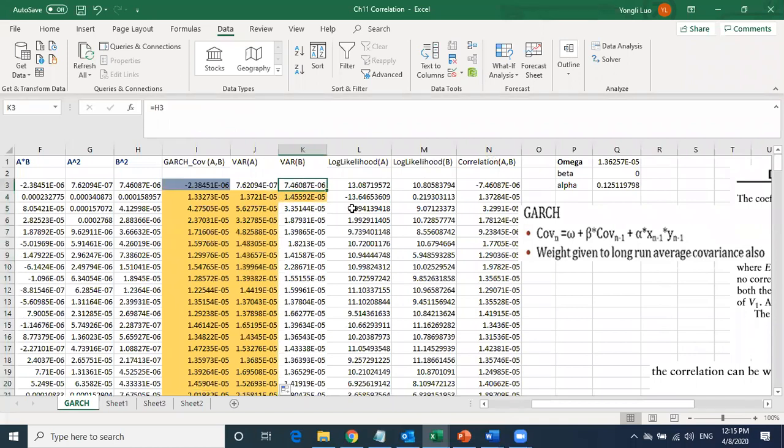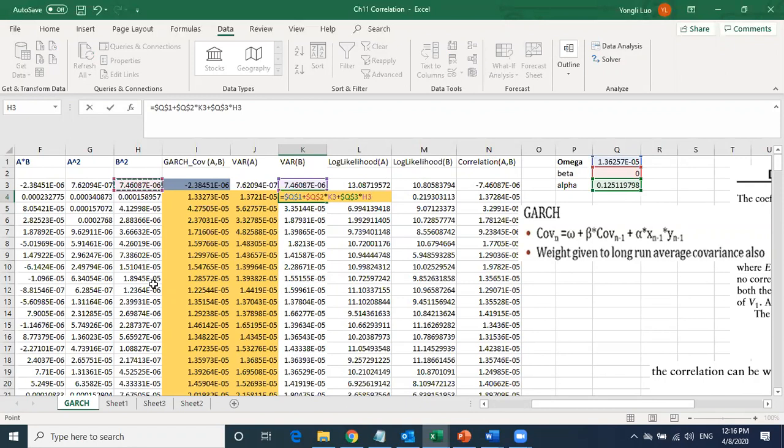Do the same thing for the variance of asset B. It is equal to omega, plus your beta times your previous period variance, plus alpha times your previous period squared return.